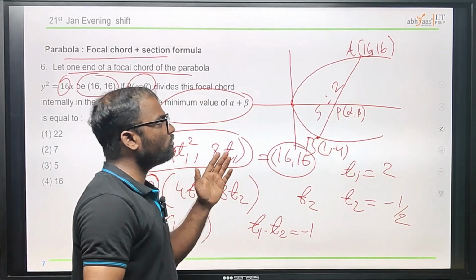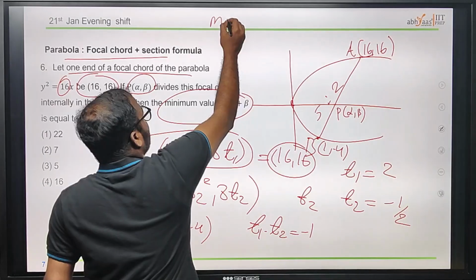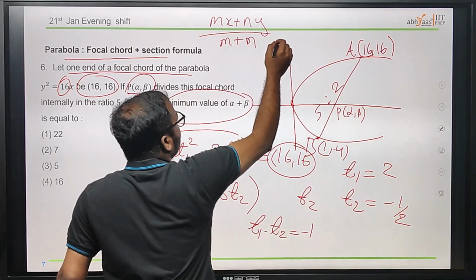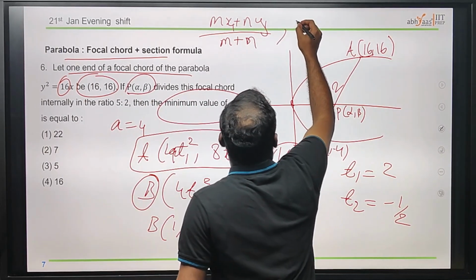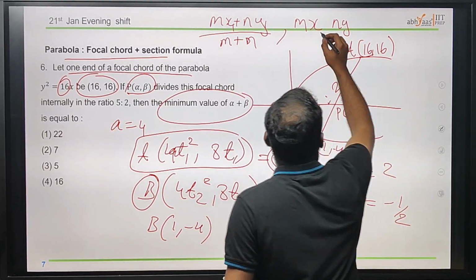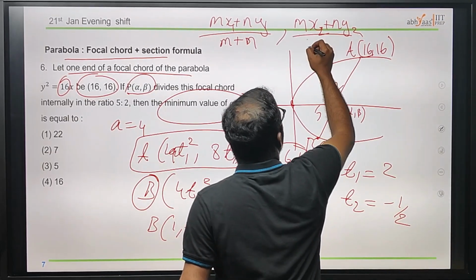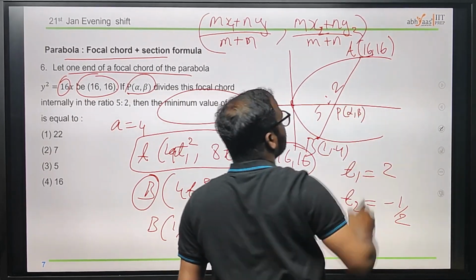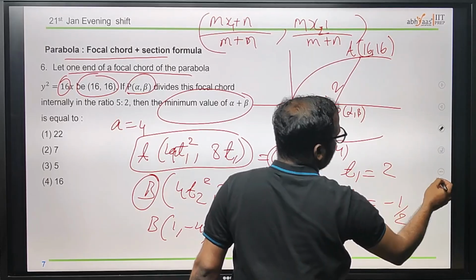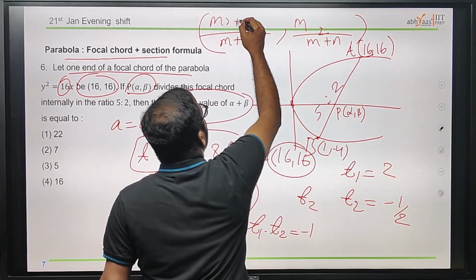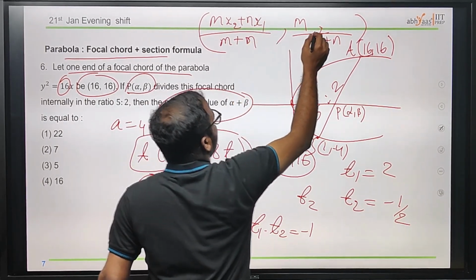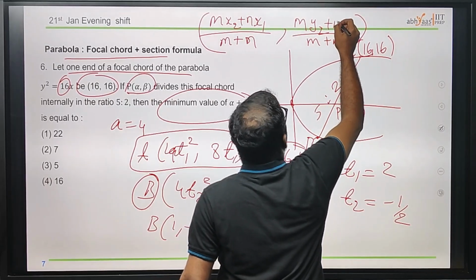Therefore we need to check, by using the section formula, which is (mx2 + nx1) divided by (m + n), comma, and similarly (my2 + ny1) divided by (m + n).